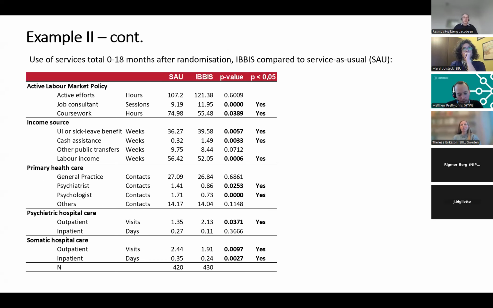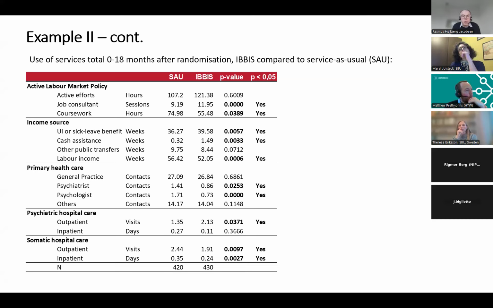As you can see here, we measured the outcome in all these areas. These here are non-monetized values, I should say. As you can see, the units are hours, sessions, weeks, etc. Again, we have the service as usual column and the IBIS column, and you can see, for instance, that if we take row number 2, the job consultant, the IBIS participants had 11.95 consultant sessions on average, and the others have just 9.2.